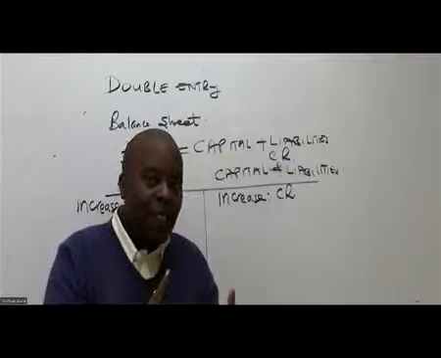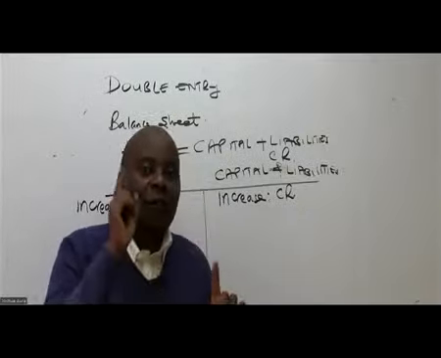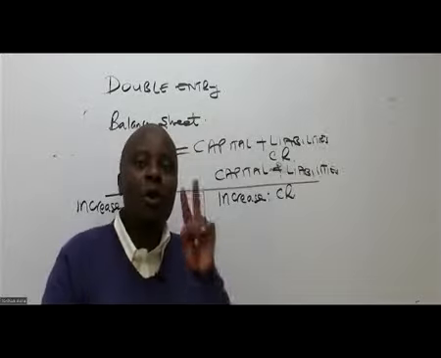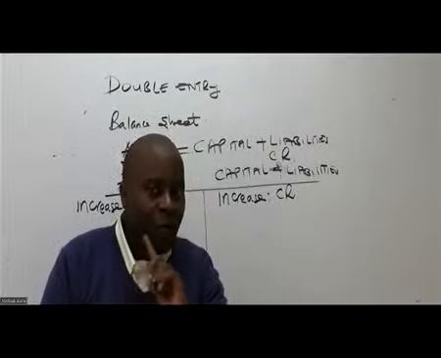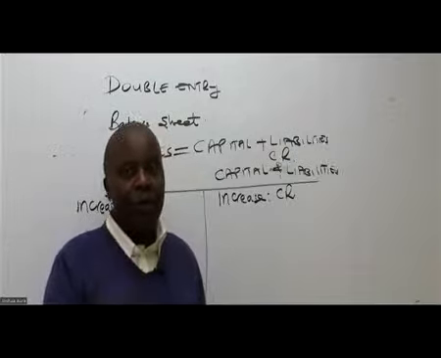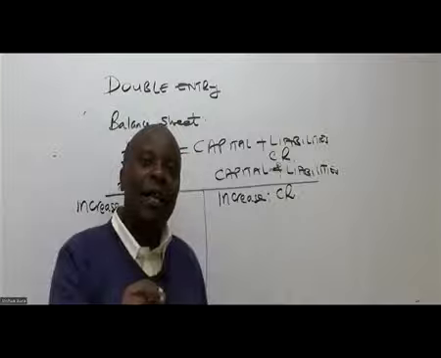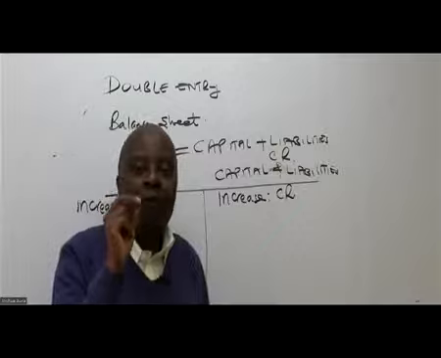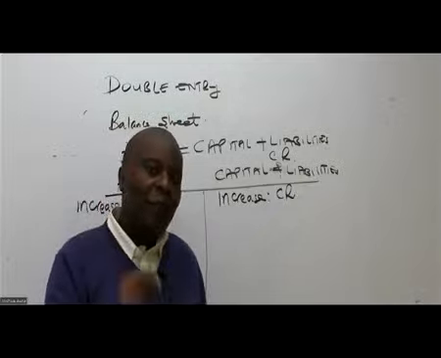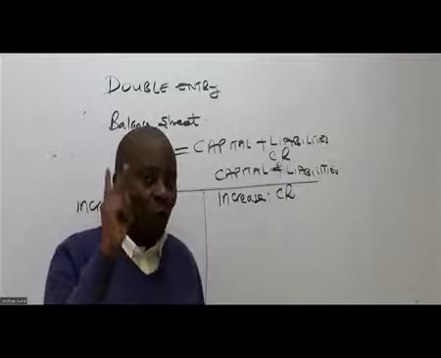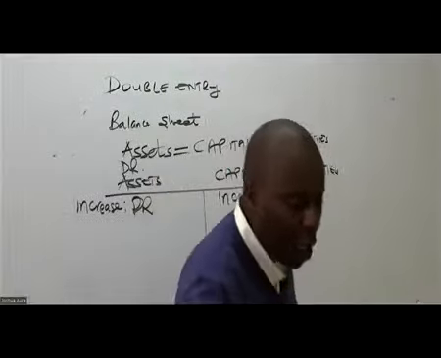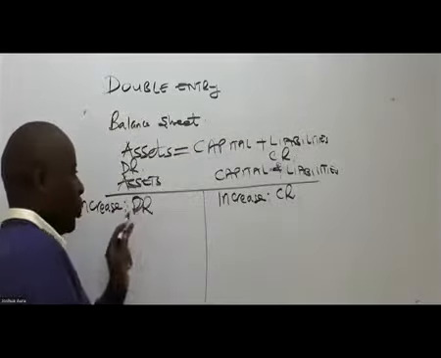For you to capture this, it is important to know that every business transaction in accounting must always have double entries. Double entry means we must always have two accounts being affected by every business transaction. Because of this concept of two, we talk about double entry.